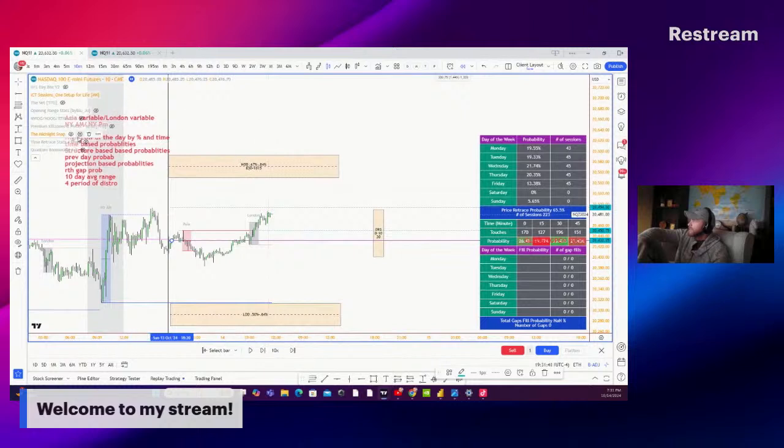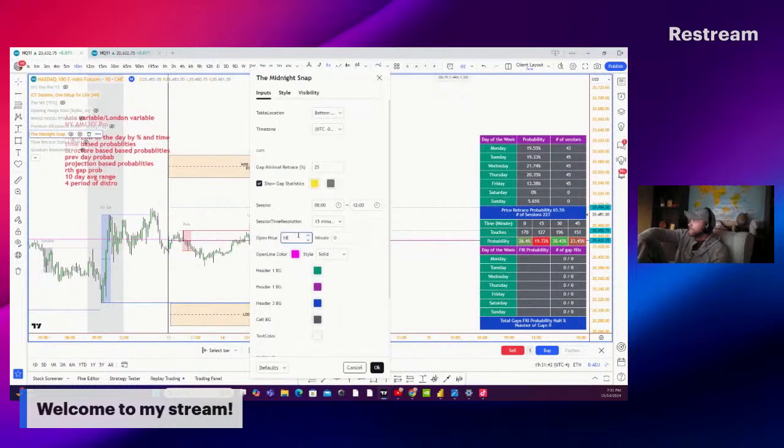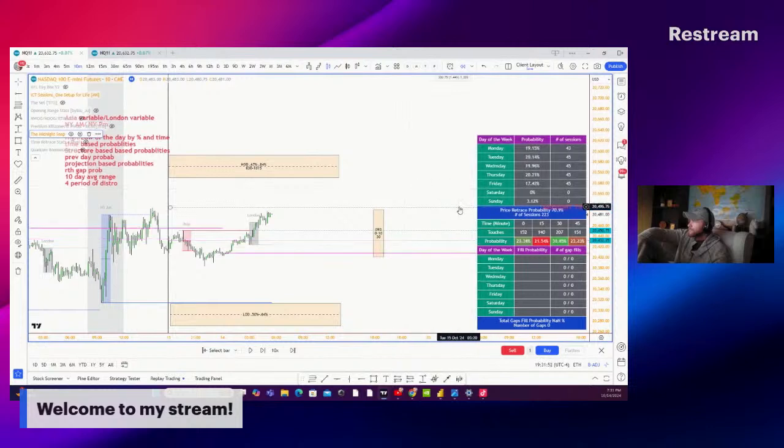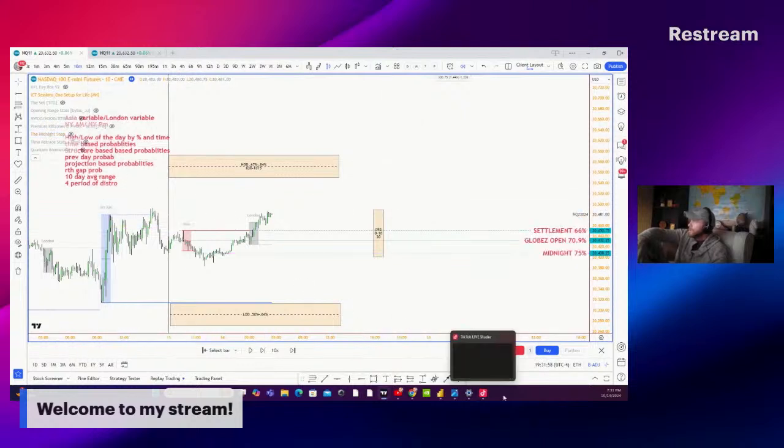So I'm going to put it on it, and then I'll do the same for midnight. And I'll put my midnight price on, and then I'll turn that off, and then I'll come back over here.